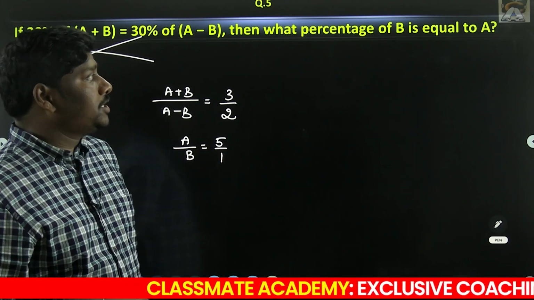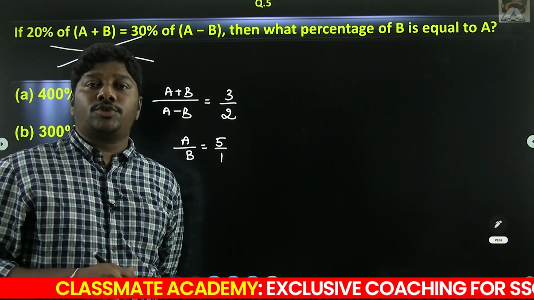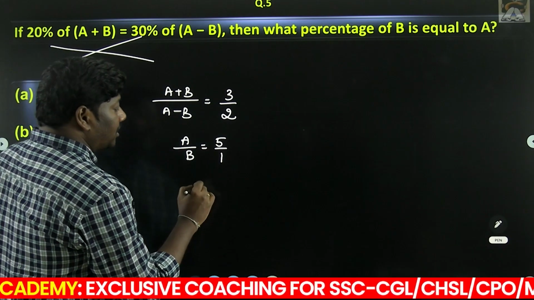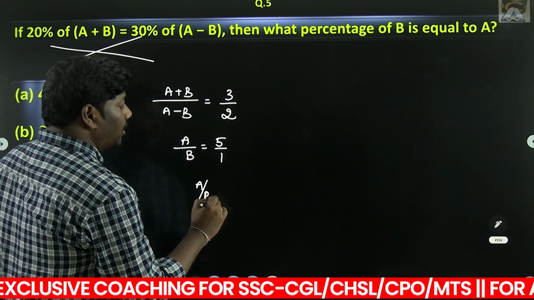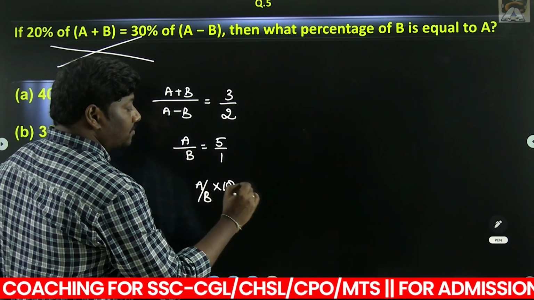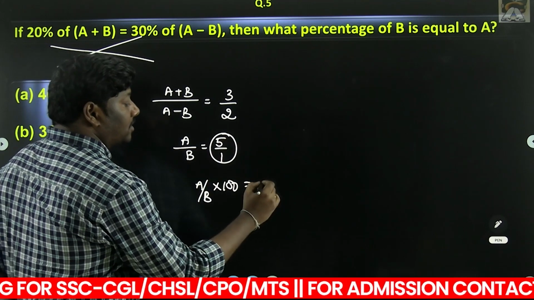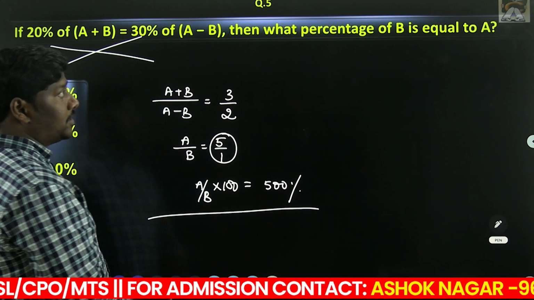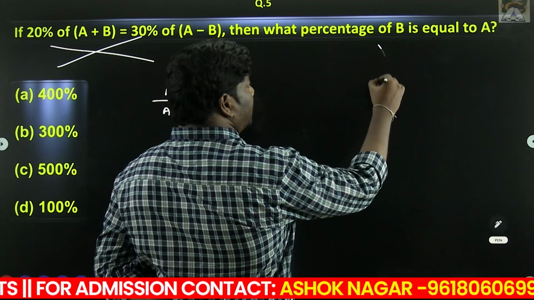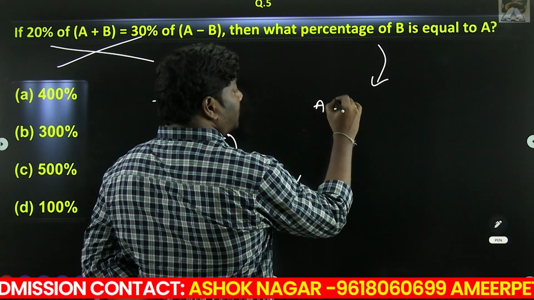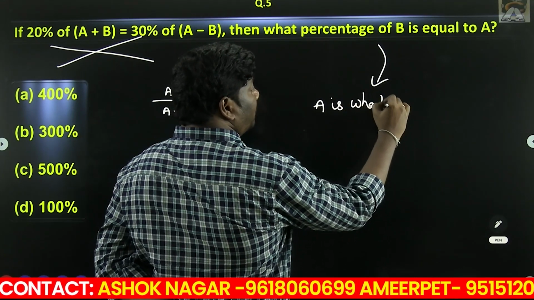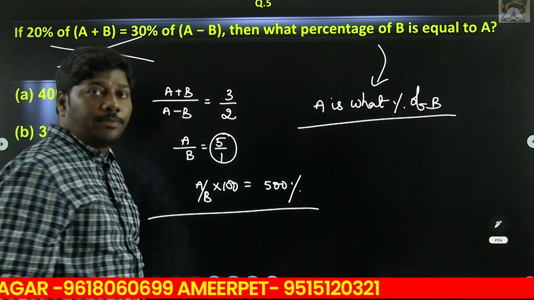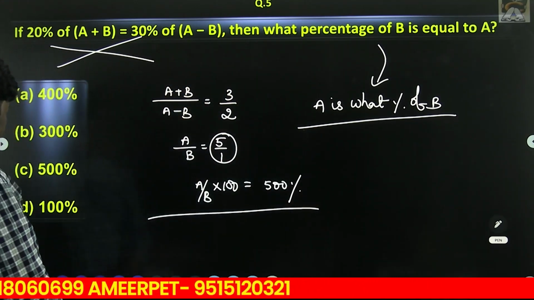A is what percent of B. A by B into 100. A by B is 5, so 5 into 100 is 500%. Both of them are the same.